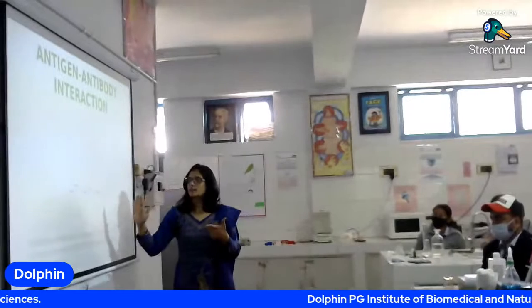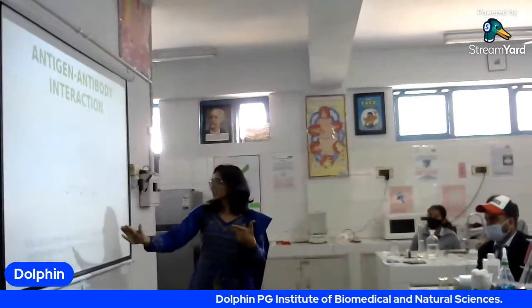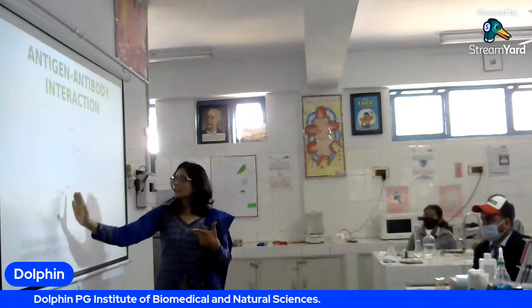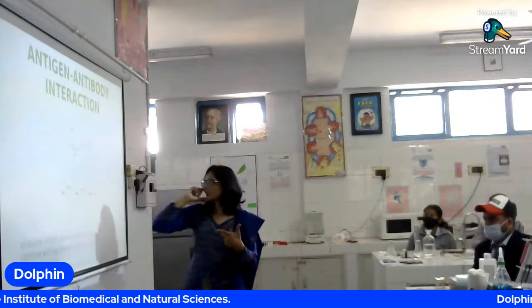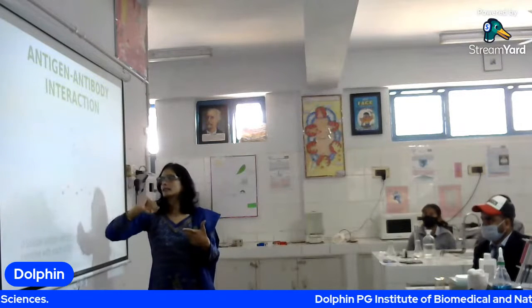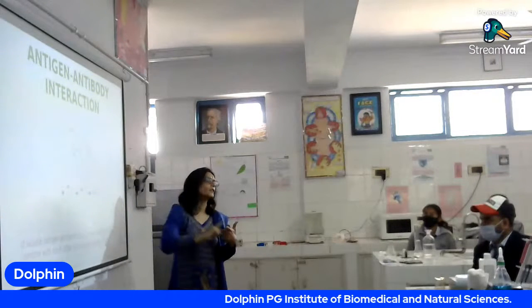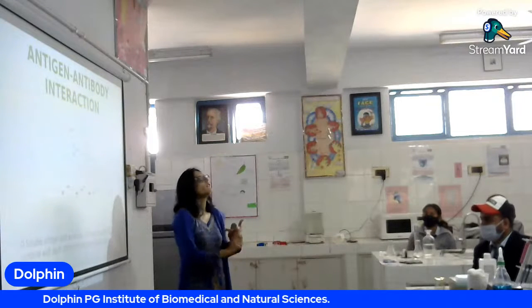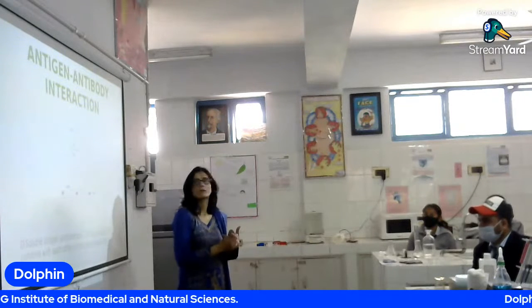So in this case, the antigen and the antibody, if they are soluble, then in the first case, which is not very clear, the amount of antigen is in excess. If antigen is more, it won't find sufficient antibody to combine with. We won't be able to see the reaction.